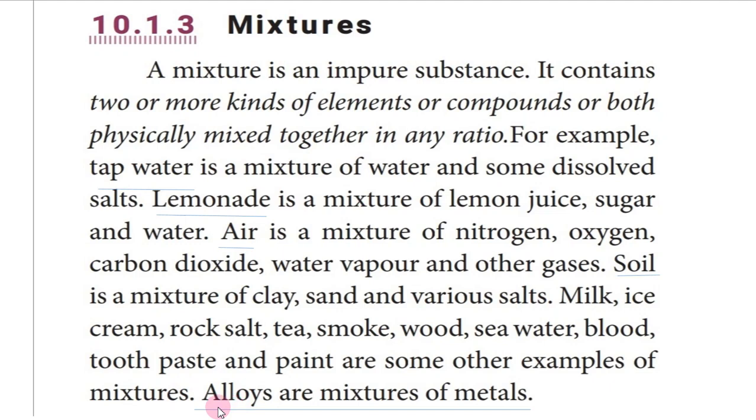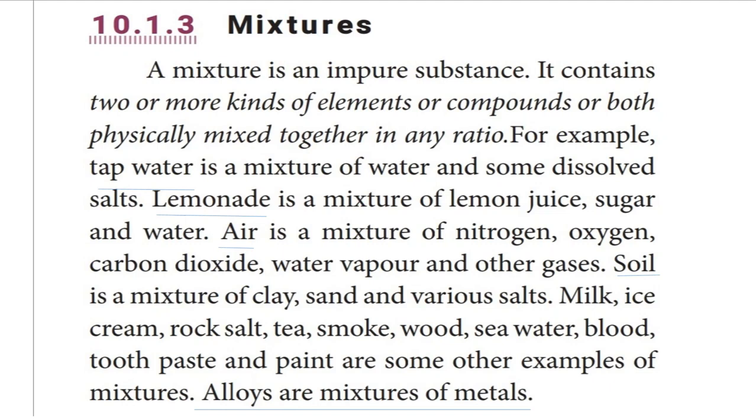And see this point, alloys are mixtures of metals. This is very important. Alloys are mixtures of metals. So alloys, the best example you can say is gold ornaments. Okay, gold ornaments. We are using the gold, right? So can you say this gold is pure or impure?